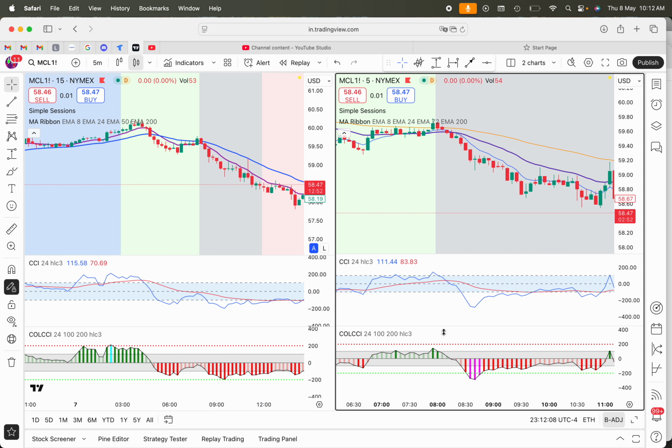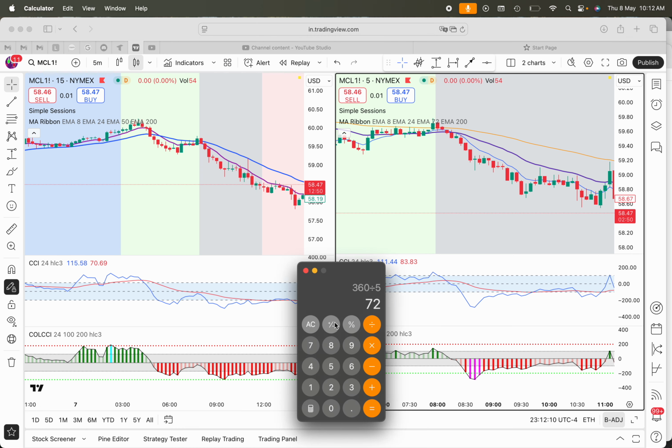Let me just get the calculator up here. I'm taking this 15-minute chart, so it's 15, right? And I'm taking this blue line, so times that by 24, right? Why the blue, and hang on, have I got it right? Divide that by 5. Yes.